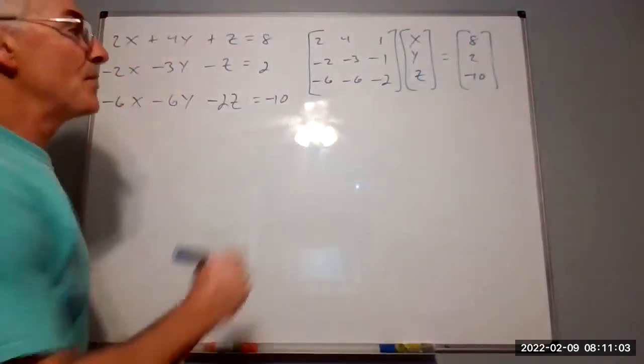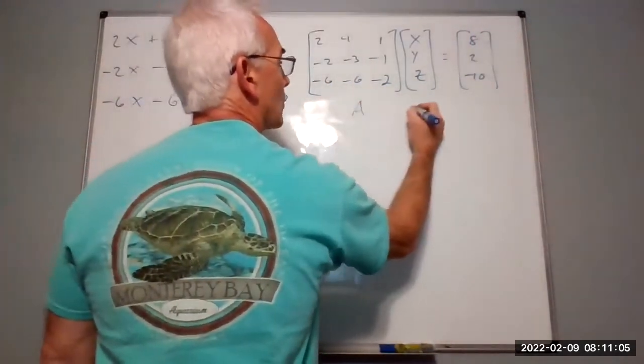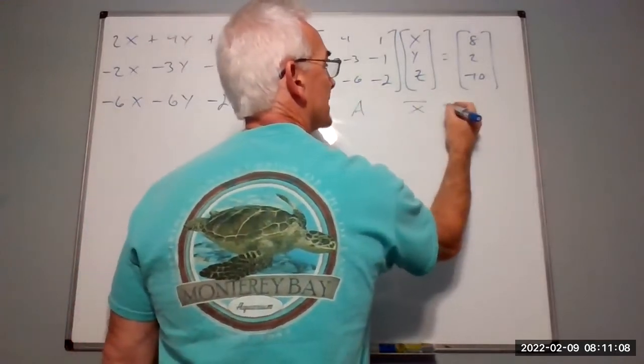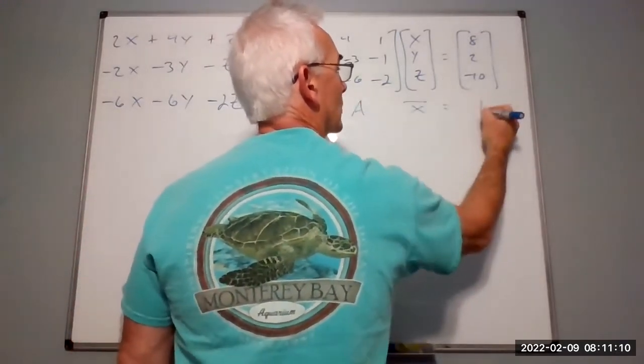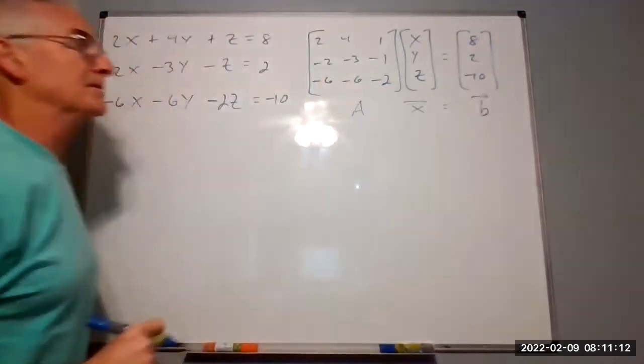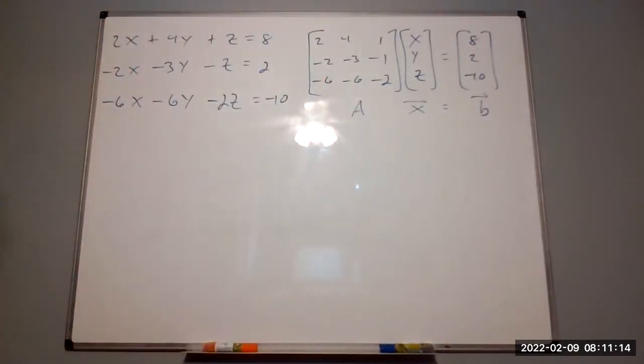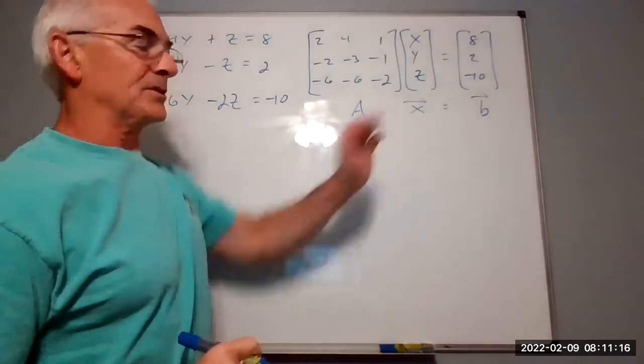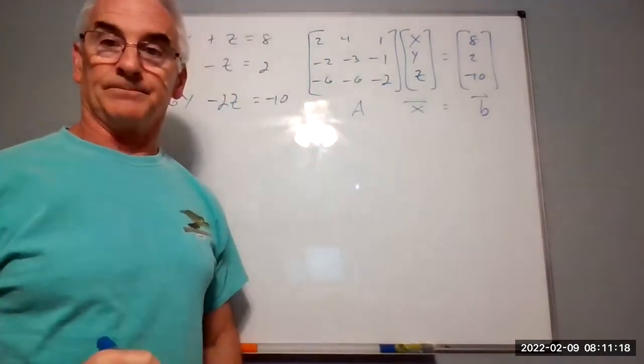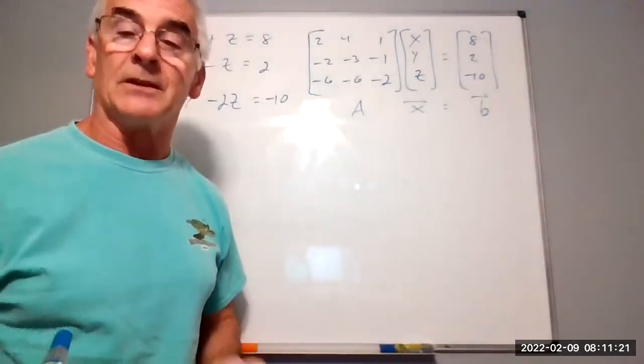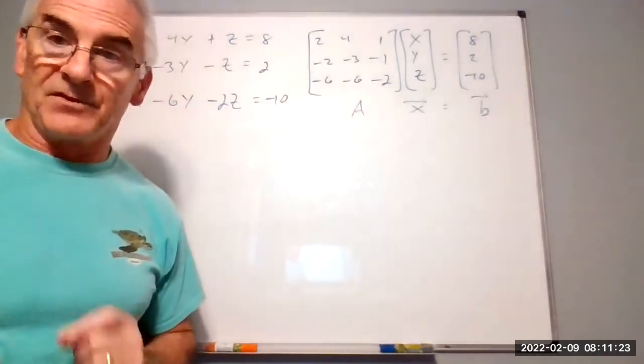Okay, this is my A. We're calling this the vector of variables, and we're calling this the vector of constants. My goal is to write this vector equals the answer. Okay, I can't do that yet. I don't see it. So what we're going to do is find the inverse of matrix A.